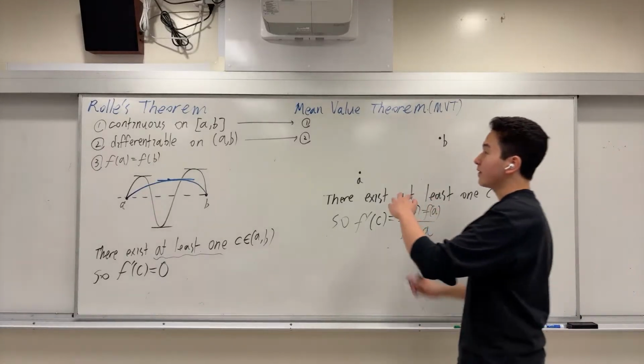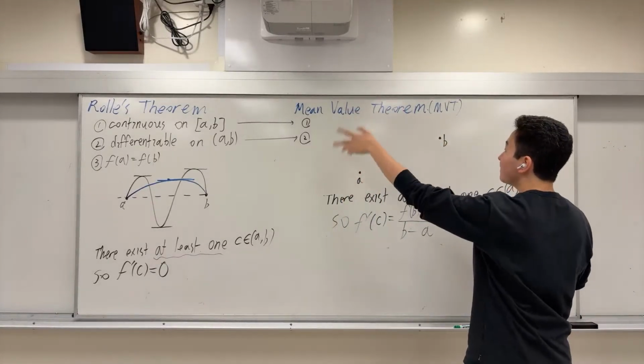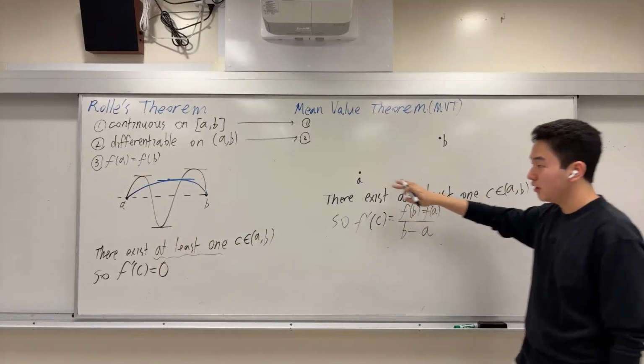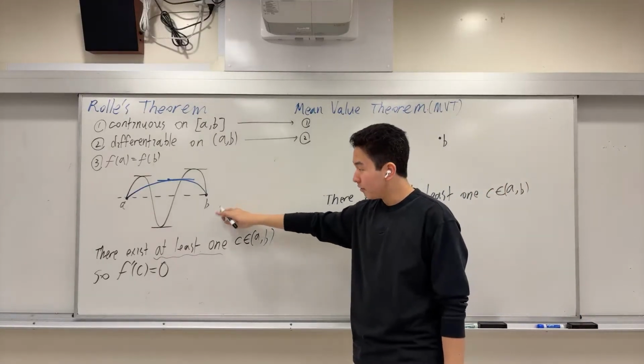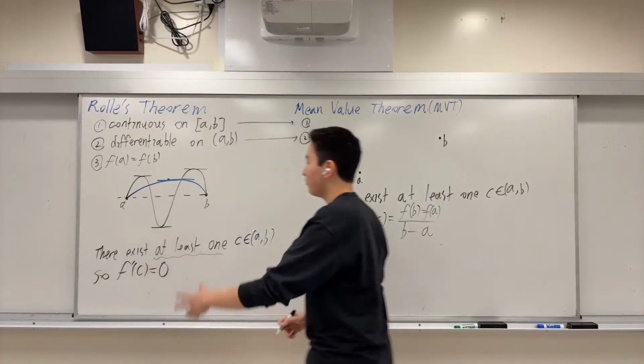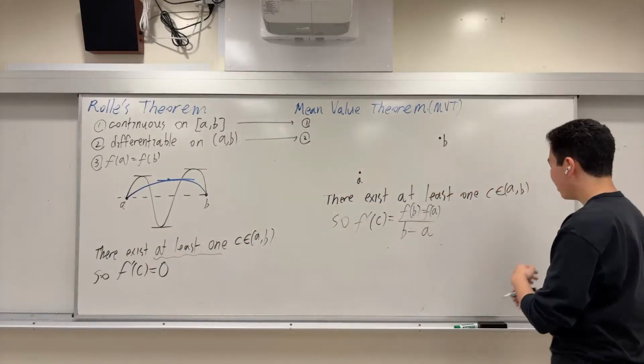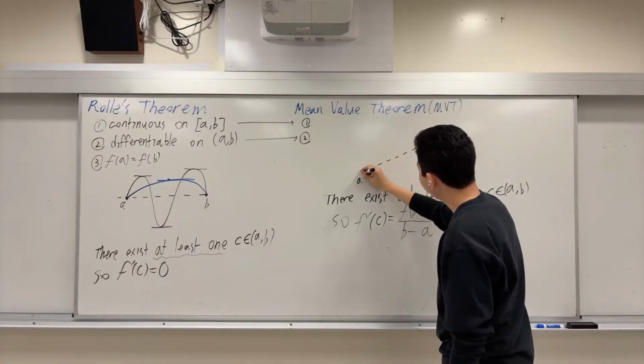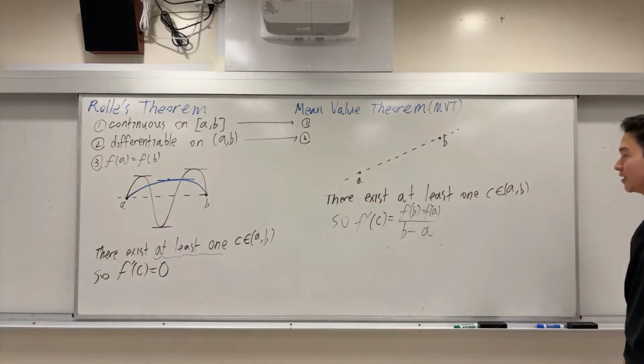Okay, so Rolle's theorem is really just a specific case of the mean value theorem where this average rate of change would be 0, right? Because the function value is the same, so they would have an average rate of change of 0. But in this case, the average rate of change would be the slope of the line that connects the 2 points together.